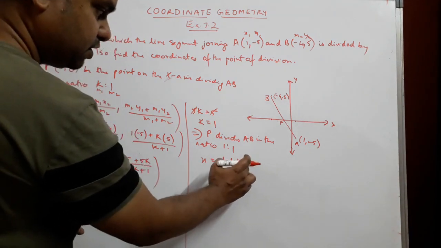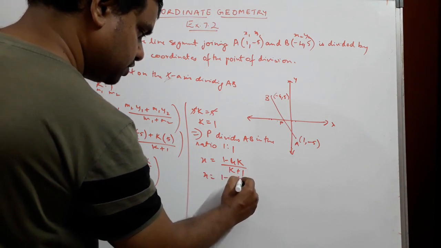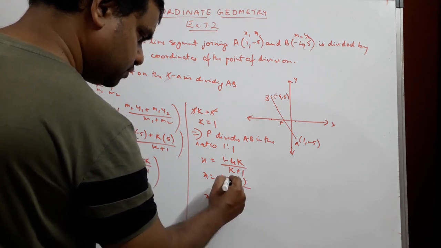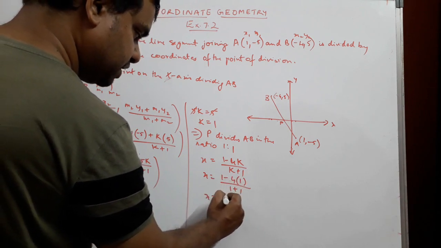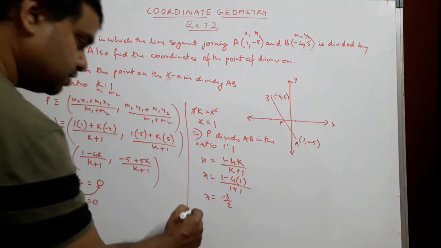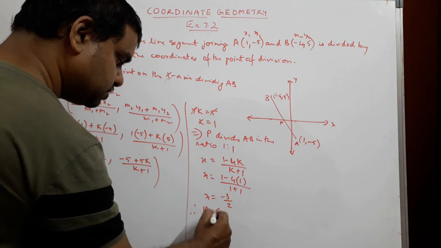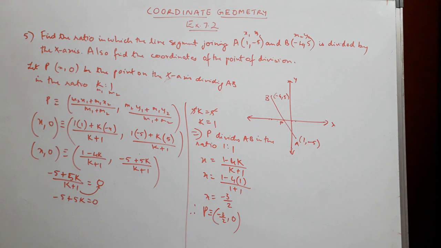We know the value of k now, so x = (1 - 4 × 1)/(1 + 1). 1 minus 4 is -3, and 1 plus 1 is 2. So x is equal to -3/2. Therefore, P is (-3/2, 0). That is the coordinate of P.